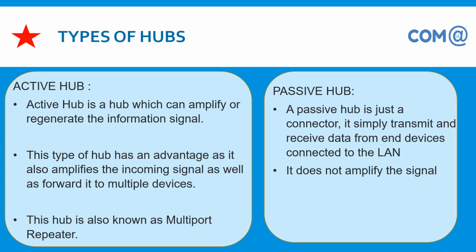It helps in amplifying the signals, so that if the incoming signal is weaker, it can amplify it to some extent and give a good signal to the destination from this particular device. Passive hub doesn't have any intelligence, just used as a connecting point. Nothing much to discuss on the passive hub. This active hub is also known as a multi-port repeater, where it is connecting multiple systems.